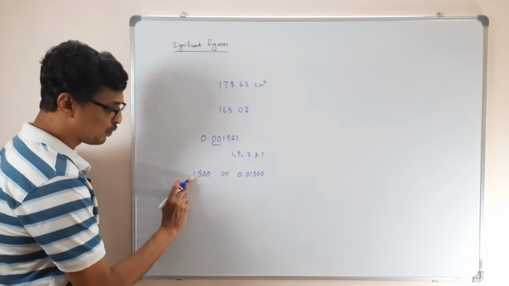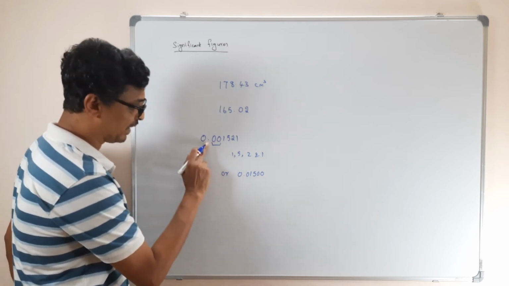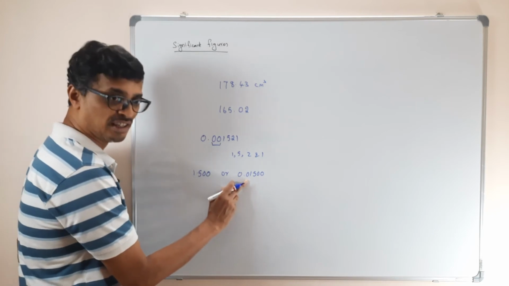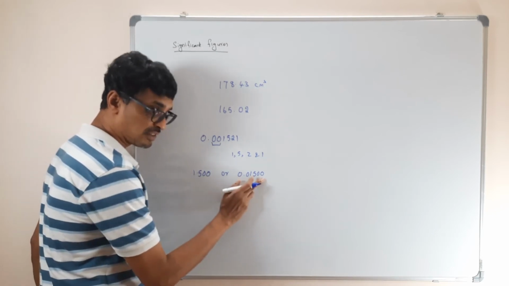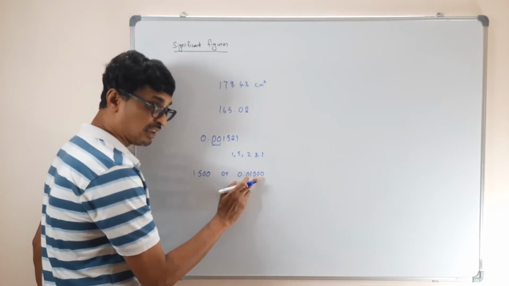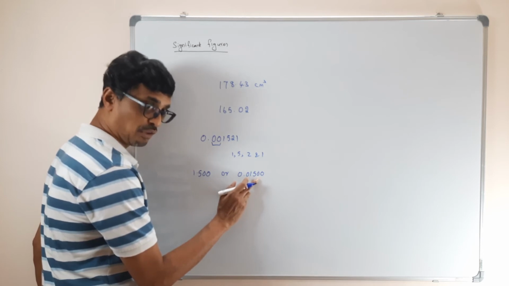That means 1, 2, 3, 4. I told you any zeros before the first non-zero digit we don't consider, but remember, these trailing zeros are also significant.